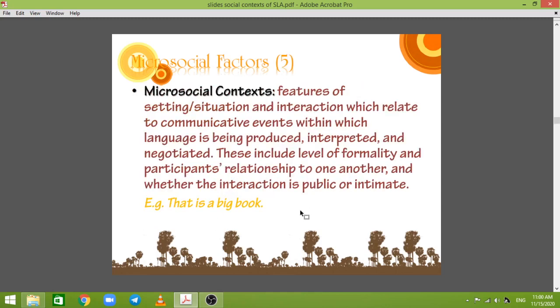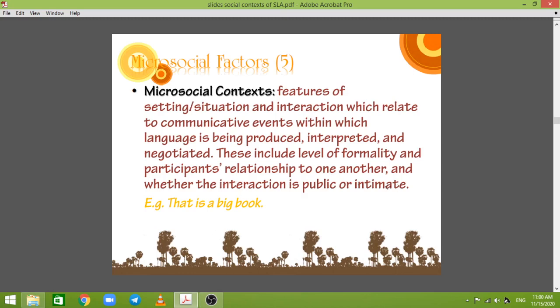But in micro-social context, once again, in relation to the syntax, you would think about whether you should include a verb to be or not. You might say that's a big book rather than that is a big book, in case of less formality, or when you are talking with your friend, that is informal dialogue.